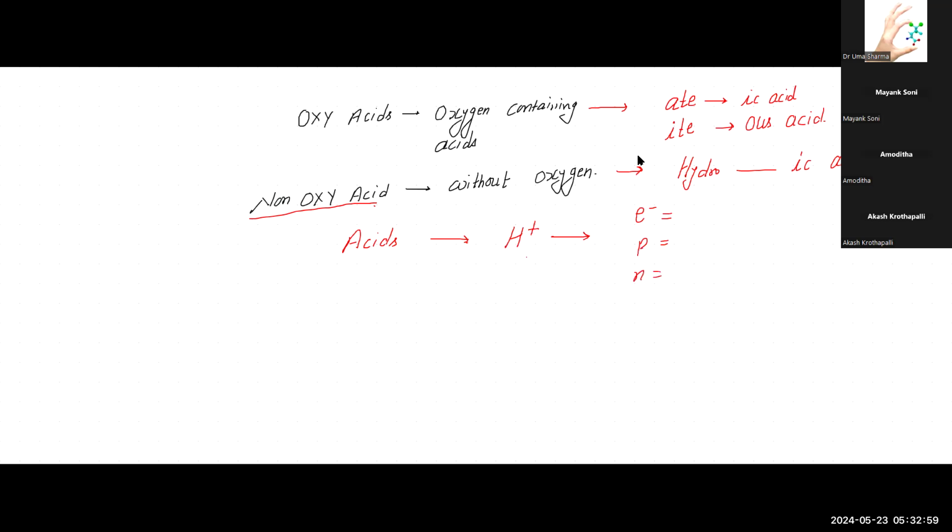Yes, I think I told you this earlier. Okay, good. H plus is a proton because it has 0 electrons, 1 proton and 0 neutrons. This is a proton. It's a very reactive species, very small with intense positive charge. Is it electron rich or electron deficient? This one is electron deficient.